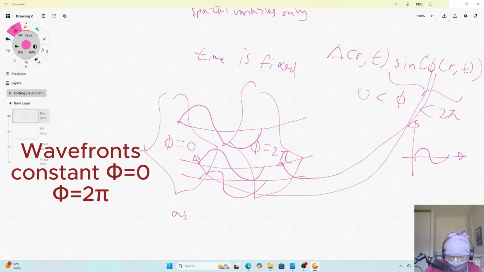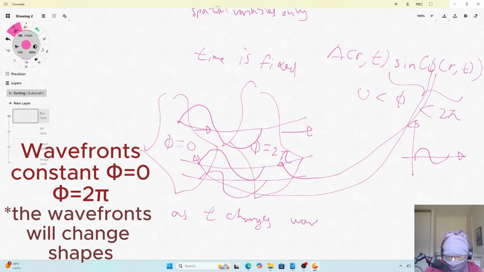And as t changes, those wavefronts will move forward and change forms.